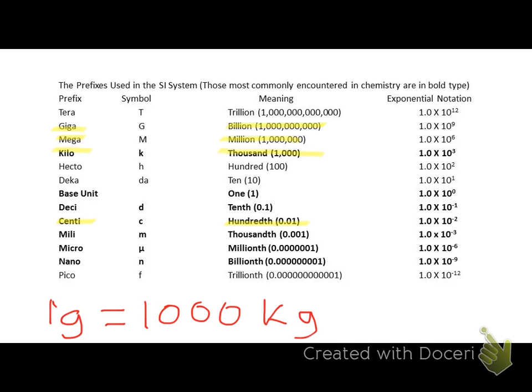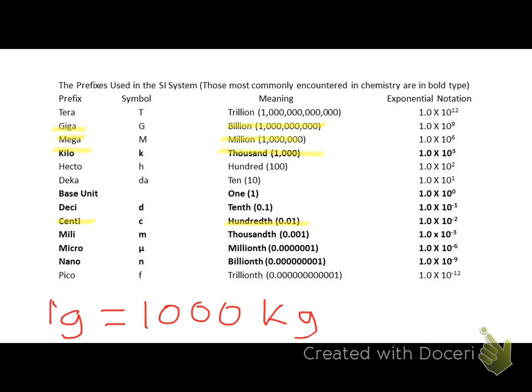Alright? So these prefixes here are really important for you to know what their value is based on the base unit being 1. So you need to take some time before you come to class learning these prefixes, especially the ones that are bolded.